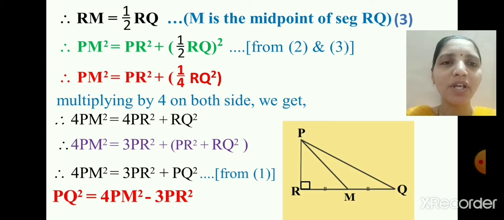Now rearrange the terms. We will get PQ square is equal to 4 PM square minus 3 PR square. Hence we have proved. I hope you all have understood. First you have to write down this answer properly in your notebook. Then you will understand it more clearly.